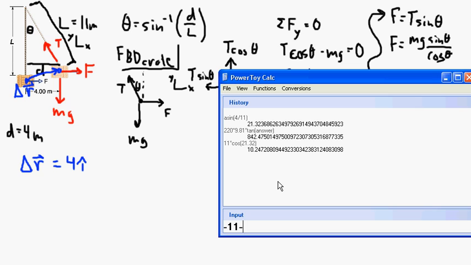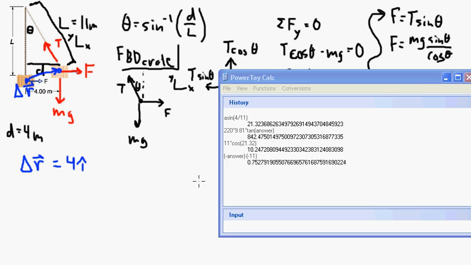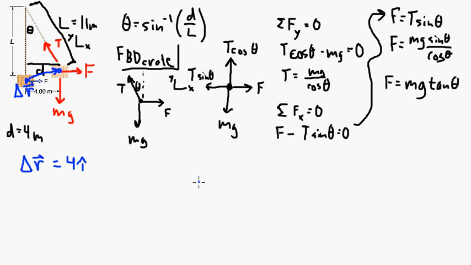So minus negative 11. This is all convoluted, but what it tells us is we go up 0.753 meters. So 4 i hat plus 0.753 j hat meters is our displacement delta R.